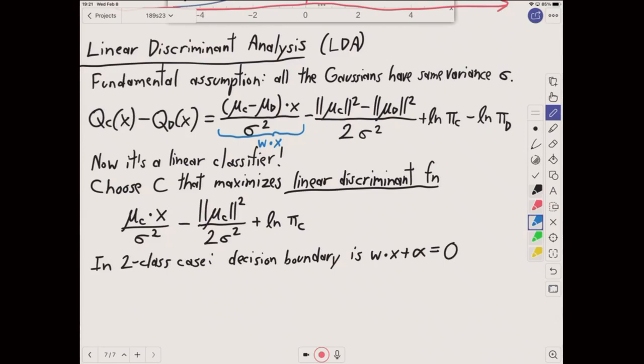It's just a vector times x. And we can look at this thing here. Don't forget the minus sign in front. That's important. We can call that alpha, because that's just a bunch of constants added together. So this is in the form w dot x plus alpha, the classic form we use. You can recognize that w is the normal vector, meaning this thing here, mu c minus mu d over sigma squared, is the normal vector.